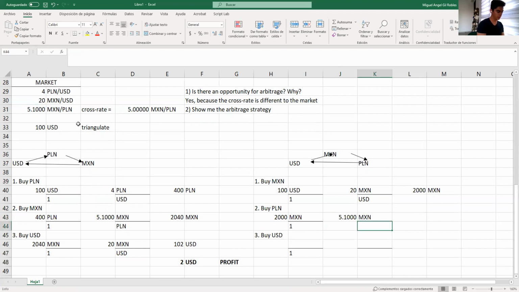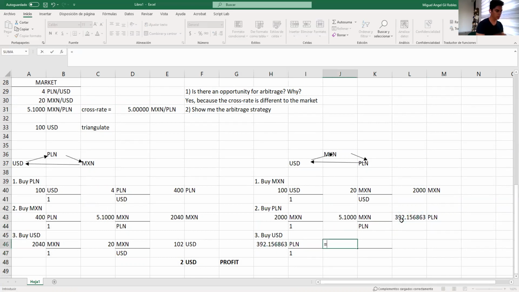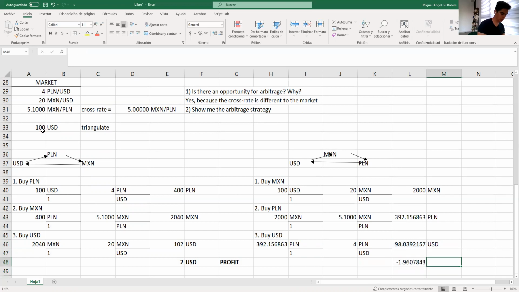This is peso over zloty, and now I need to divide. And then I move to dollars, and I have this amount of zloty, and then use the exchange rate zloty dollar. And then I divide this over this. This is dollar. I end up with a loss of this minus the initial investment. This is a loss.